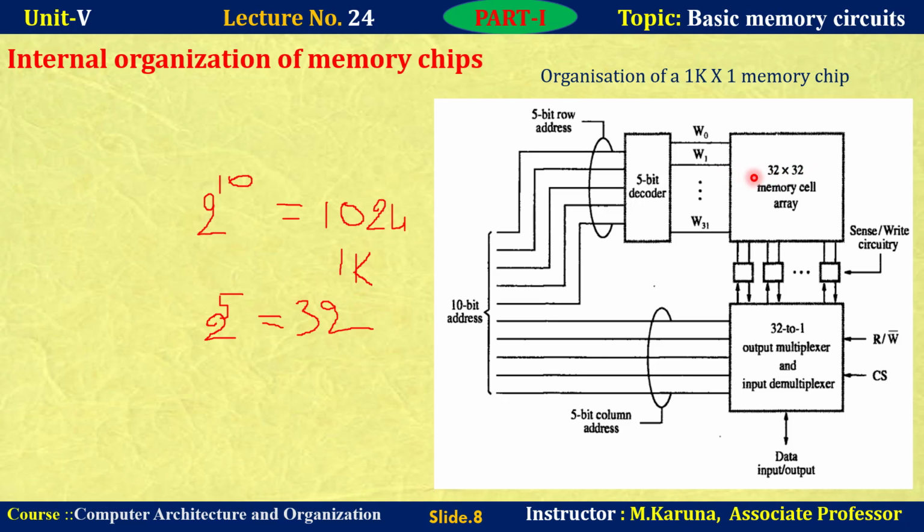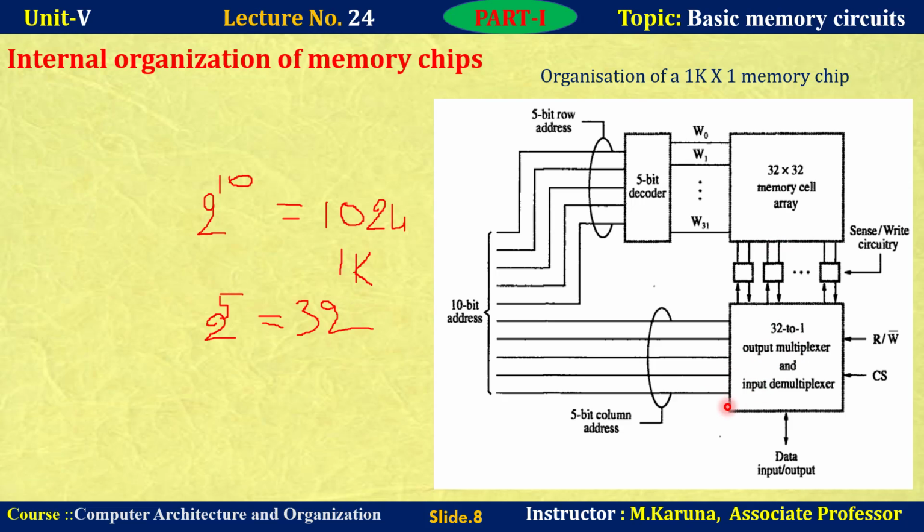That means all memory cells connected to that line will be selected. After selecting one row, in that row we can select any one of the column cells, okay, to transmit 1 bit of data. Likewise, with the help of the sense and write circuitry and read or write control signal, the processor can perform read or write operation with the memory.